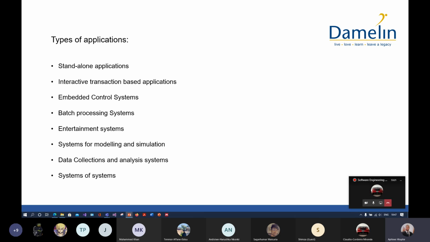An example of this would be your ERP systems. ERP systems are built to aggregate our data. So our organization is running all these different subsystems, but how do we take the data sources from those different subsystems and bring them together? And that's what an ERP system does. So hence, we refer to it as a systems of systems. So these are the different types of applications we find.